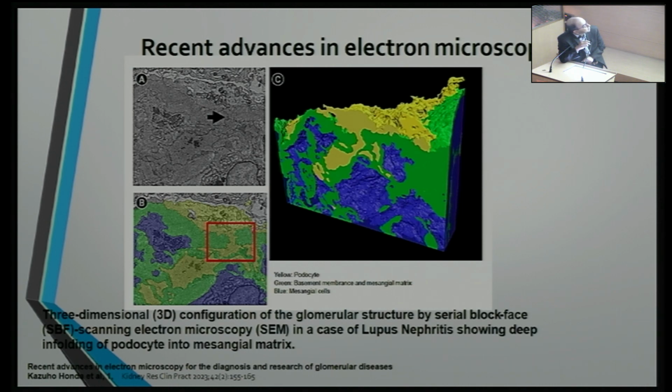The labeling of the podocyte, mesangial matrix, and mesangial cell has been done by the software. Yellow is the podocyte, this is the mesangial matrix and GBM, and here are the mesangial cells. This is the proper 3D reconstructed image from the software, and you can see a deep invagination of the podocyte into the mesangial matrix. This is a case of lupus nephritis.